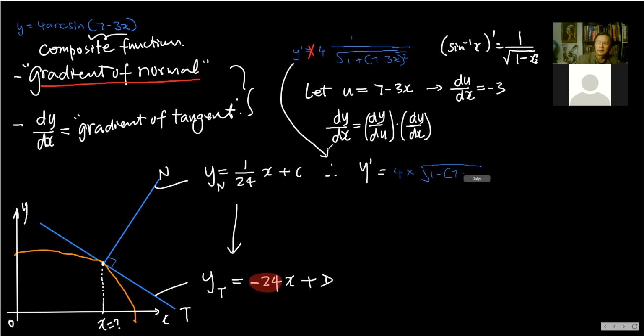I just write the square root. You get the square root. Oh, fraction, be careful. This is 4. Let's multiply.